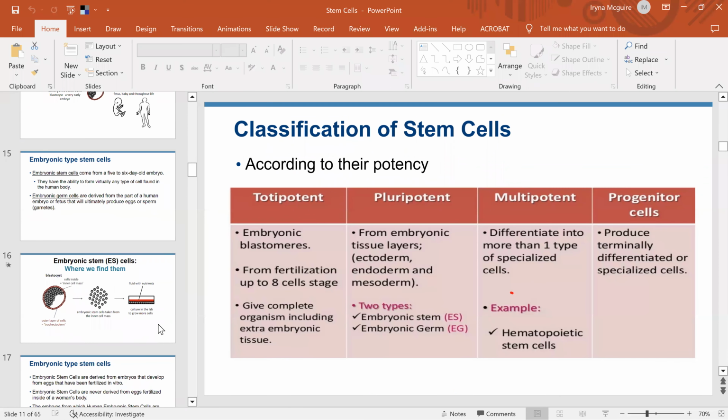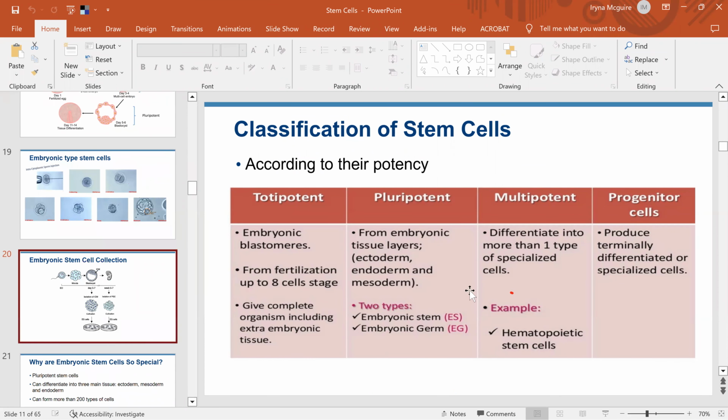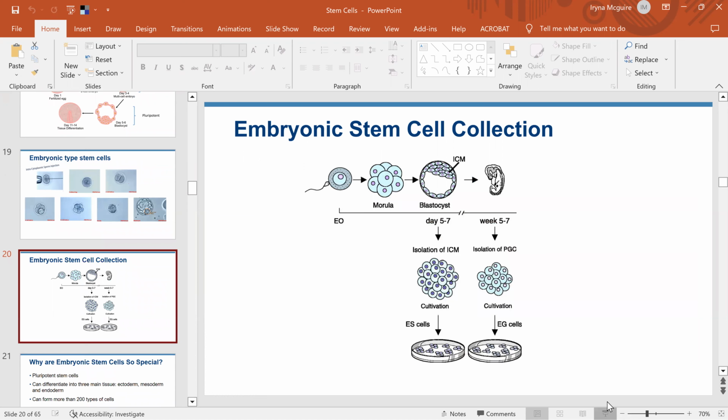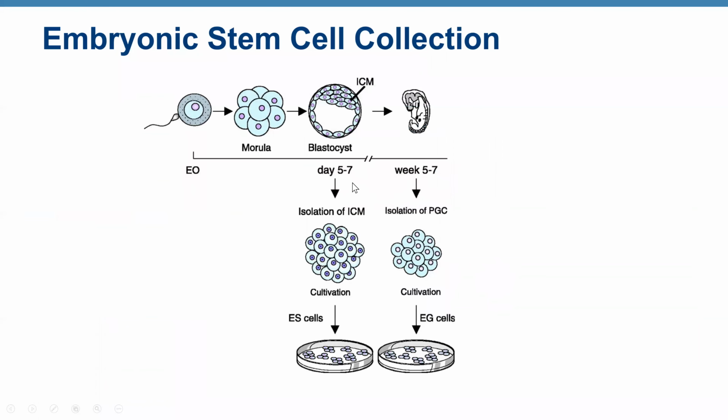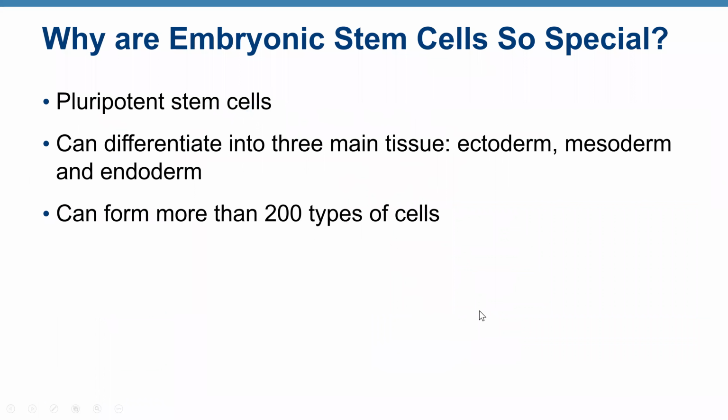So right here, if we collected day 5 to 7, those are embryonic stem cells. If collected in week 5 through 7, they are embryonic germ cells collected from areas that are going to be gonads, testes and ovaries. Right. Okay.